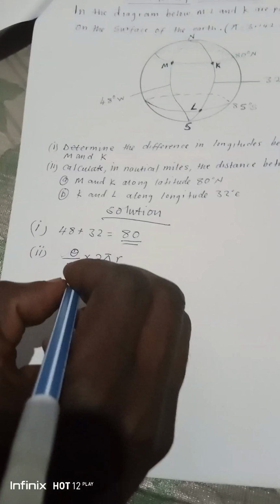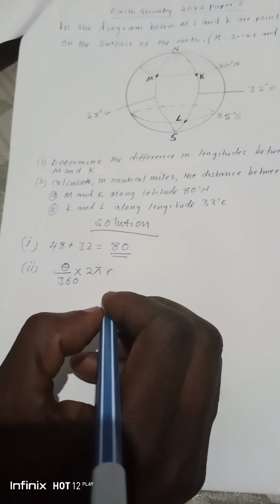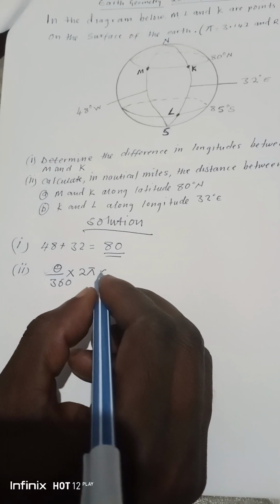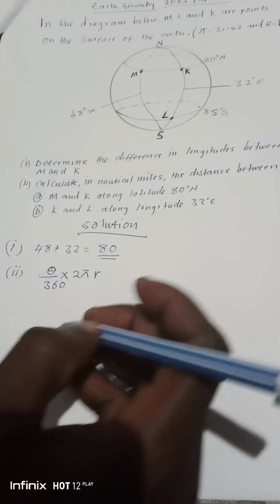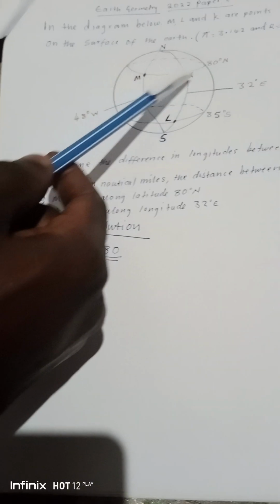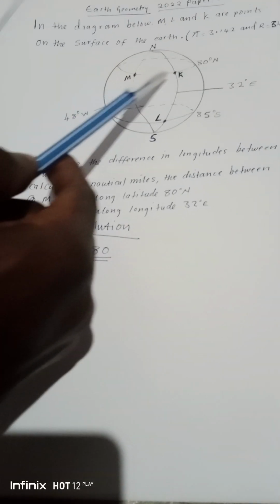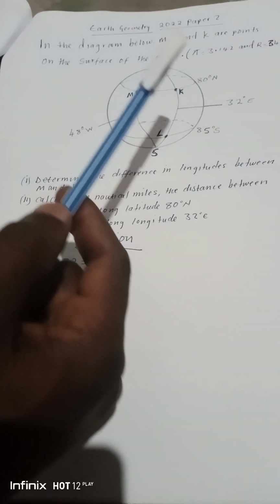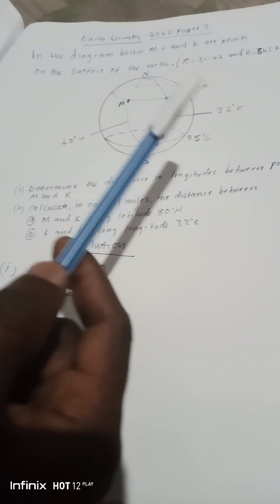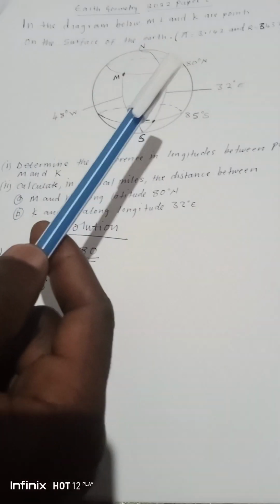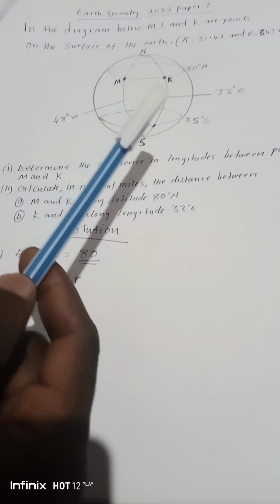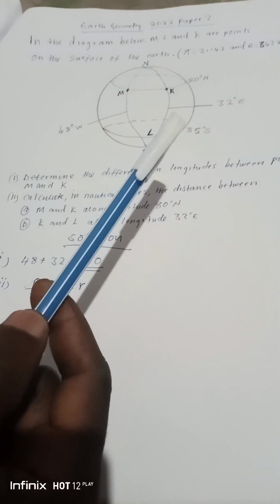I'm using the small r here because we are on the latitude, which is a small circle. All latitudes except the equator are small circles. It's only the equator which is a great circle.